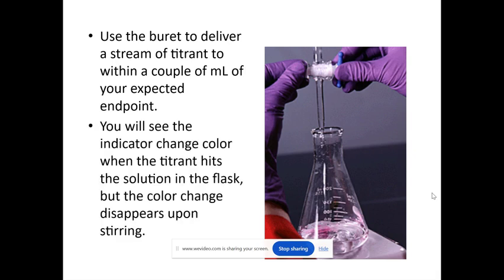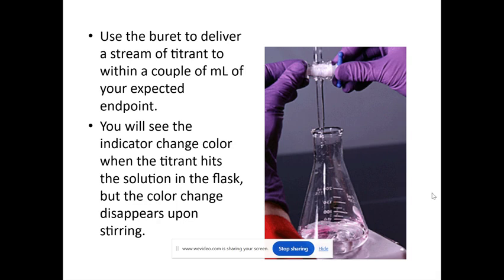We only have like 10 burettes for the whole campus, so we have to share with other teachers in other classes. Okay, so you'll see an indicator color change when the titrant hits the solution in the flask. You can see in the picture there, the solution is clear in the flask, but you see a little bit of pink there. So you'll see, oh, it's turning pink, it must be almost done. But as soon as you stir it or swish it around a little bit, it disappears.